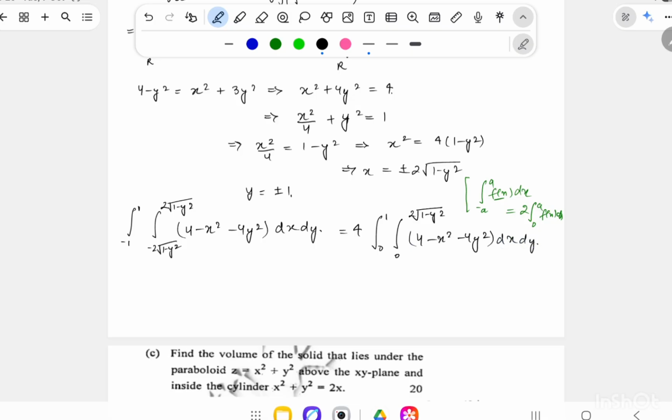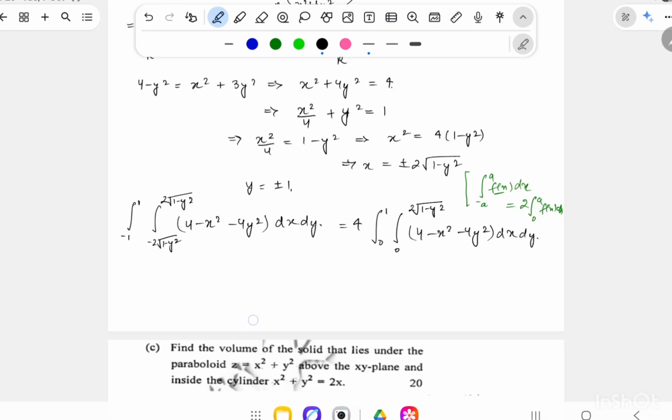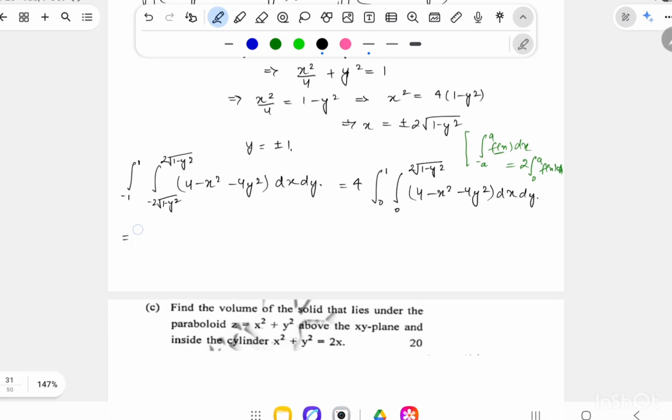Now if we first evaluate it with respect to x, it will be 4 times integration from 0 to 1, (4x minus x cube by 3 minus 4y square x) dy, and the limit varies from 0 to 2 under root 1 minus y square.